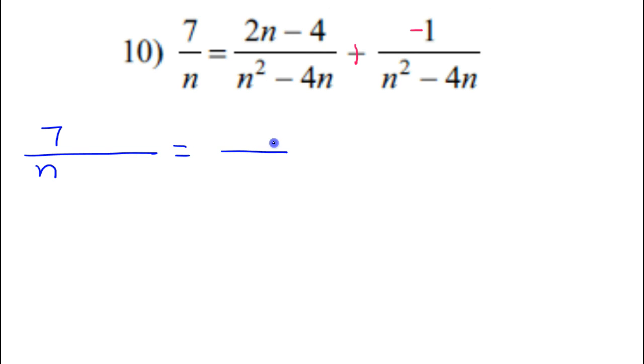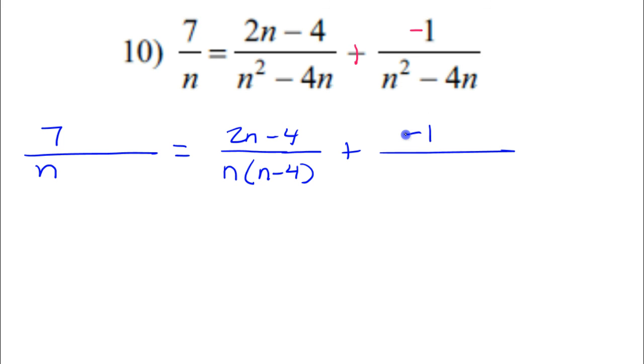I'm not going to bother factoring the numerator, so I have 2n minus 4. Now, I see the GCF down here, common factor of n, so that will become n and then n minus 4. Plus, right, I made this plus, remember? And these are identical, so again it's going to be n and then n minus 4.